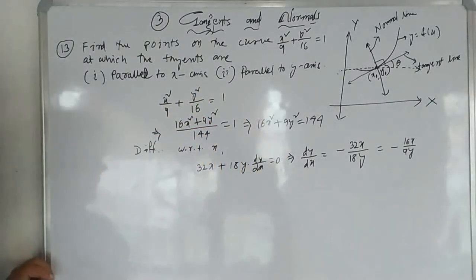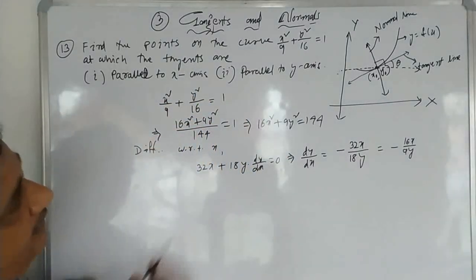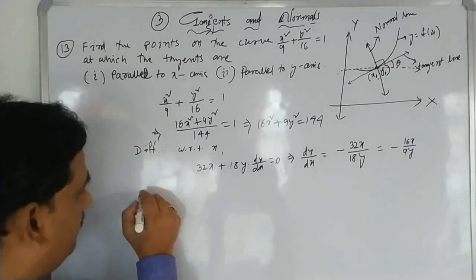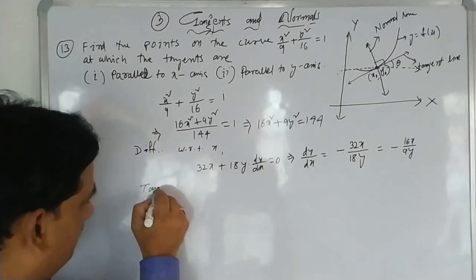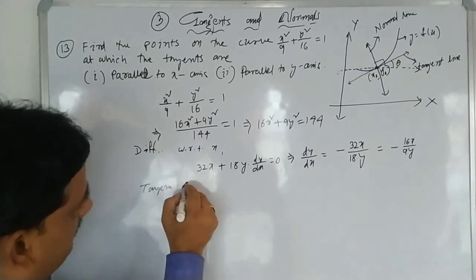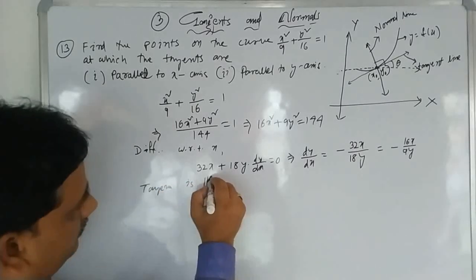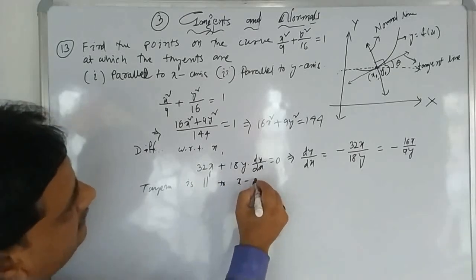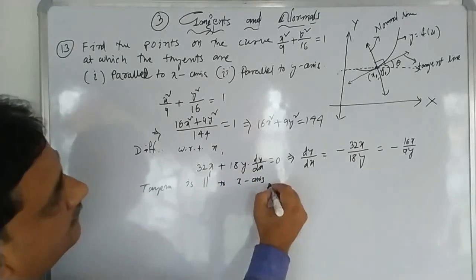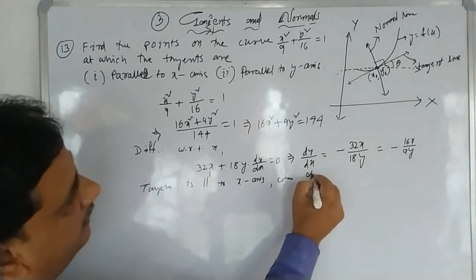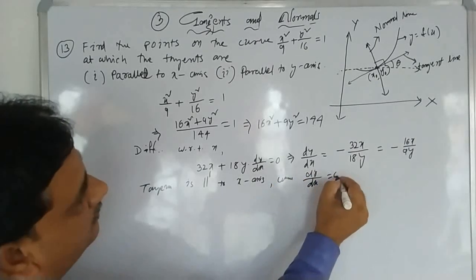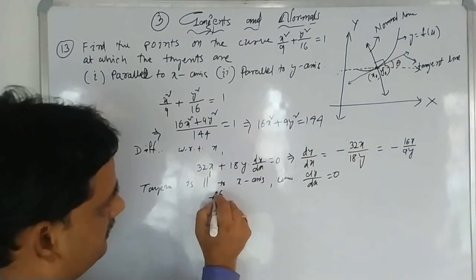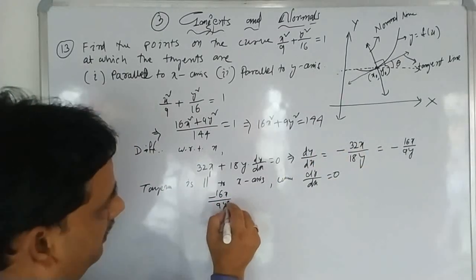Just before this, I have said, if the tangent is parallel to x-axis, that means slope is 0. So tangent is parallel to x-axis when dy by dx is equal to 0. That means minus 16x by 9y is equal to 0.